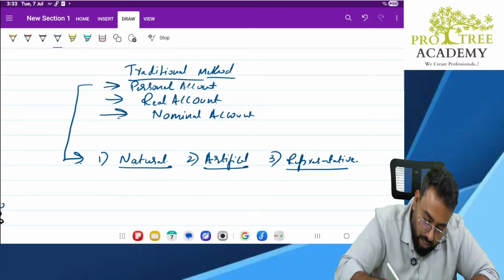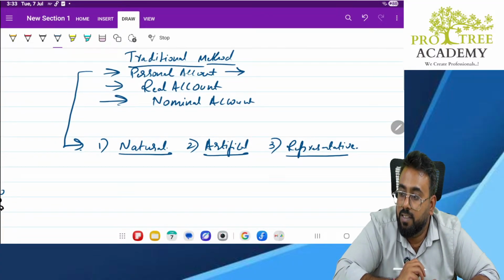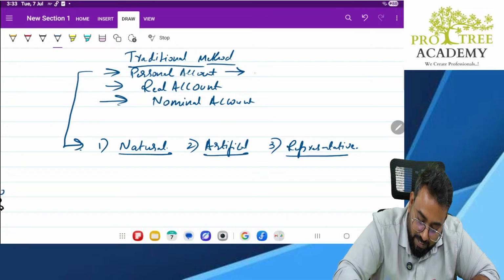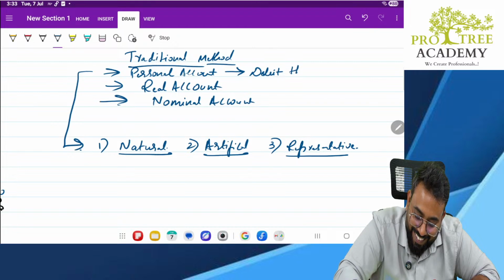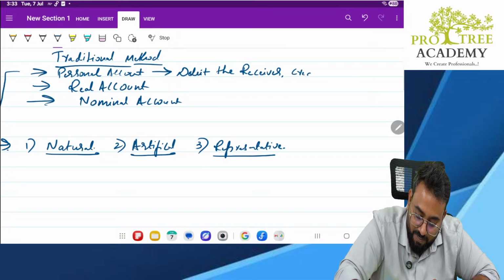Now, the rule of personal account is: debit the receiver, credit the giver.